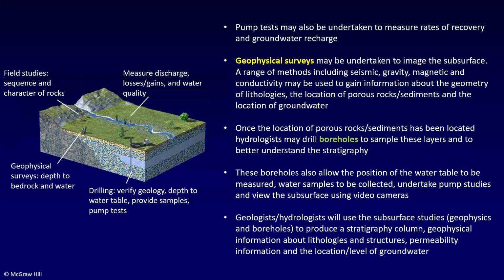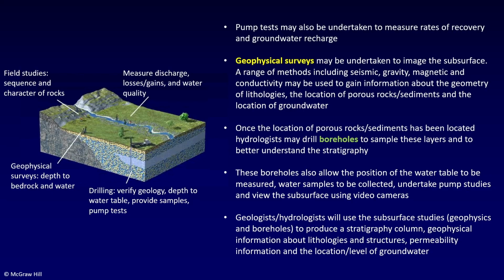You will have obviously your geophysical information that will allow you to visualize where those layers of rock are going, and also visualize any structures that might exist in the subsurface like folds or faults. It will obviously give you the permeability information, and this will also allow you to look and say, right, which of these layers of rock are most likely to act as aquifers based on how porous and how permeable they are.